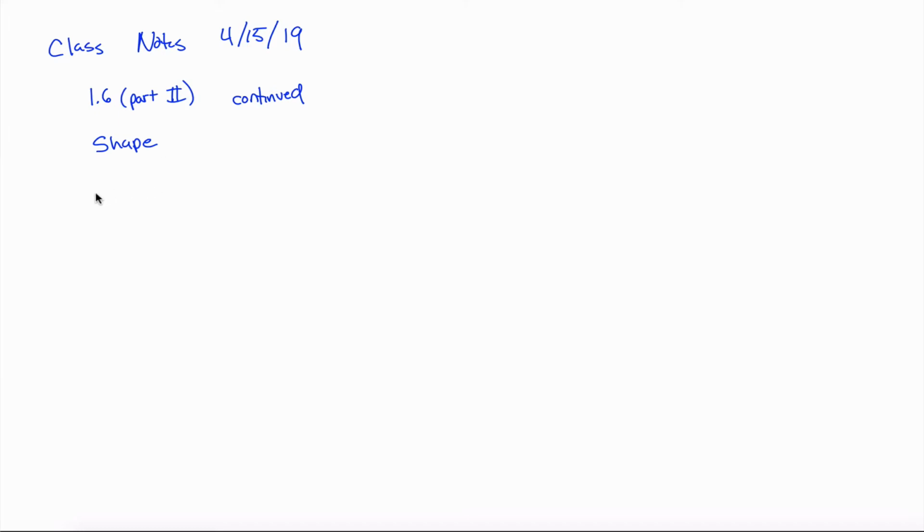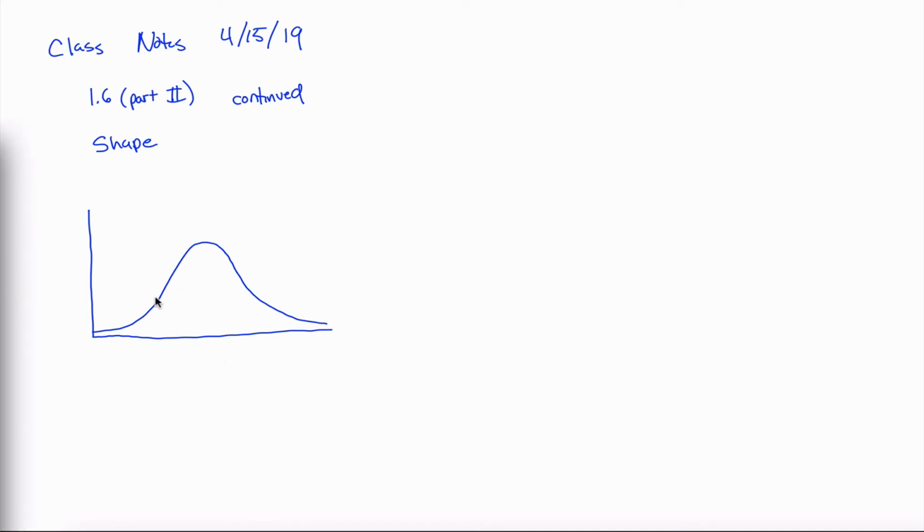So anyways, shape. The idea with shape, I think it's easiest to think about it in terms of a histogram. If you made a histogram, and I don't want to draw out a histogram because it's kind of a pain, but maybe you could imagine a histogram that has a shape that looks something like this. That's not a histogram. A histogram has little bars of different height. So maybe there's a bar from here to here that has a height like this, and there's a bar over here that's not as tall.